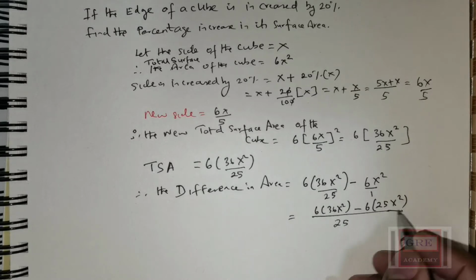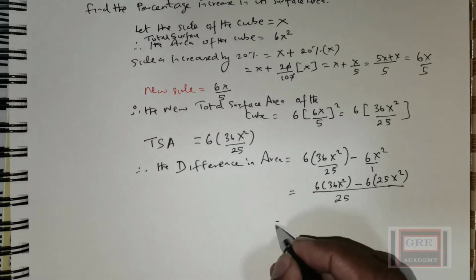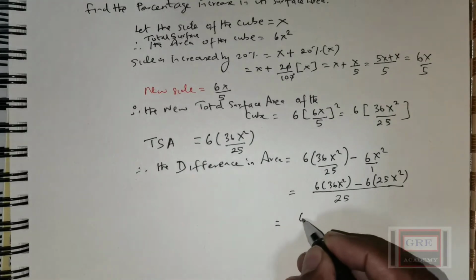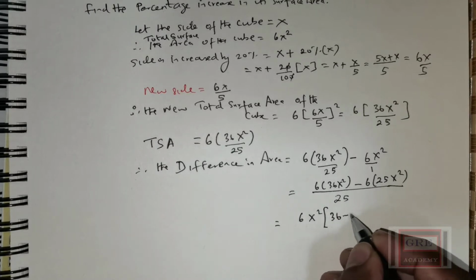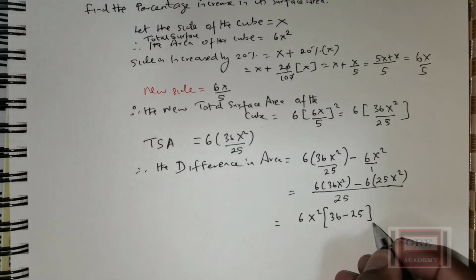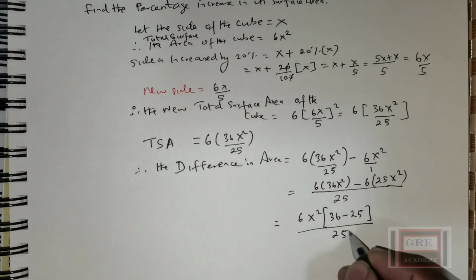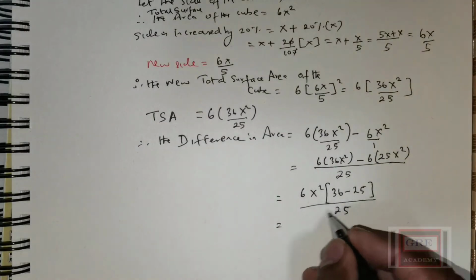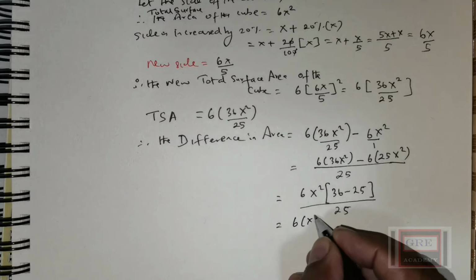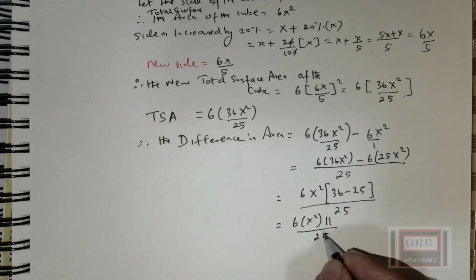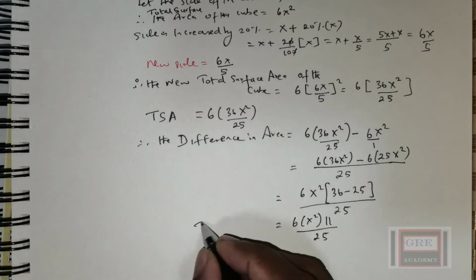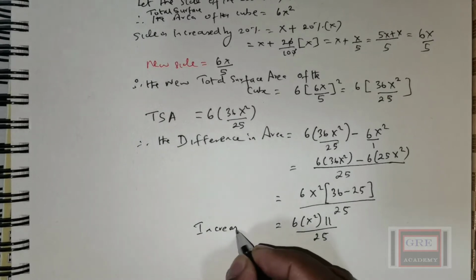Now I can rewrite this by taking 6x squared out, so that's going to be 36 minus 25 divided by 25, which gives you 11. So 6 times x squared times 11 divided by 25. So this is the difference. So the increase is this.